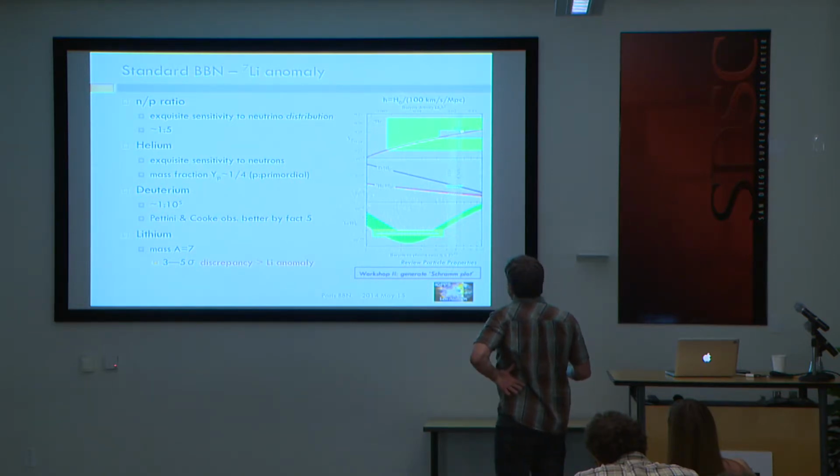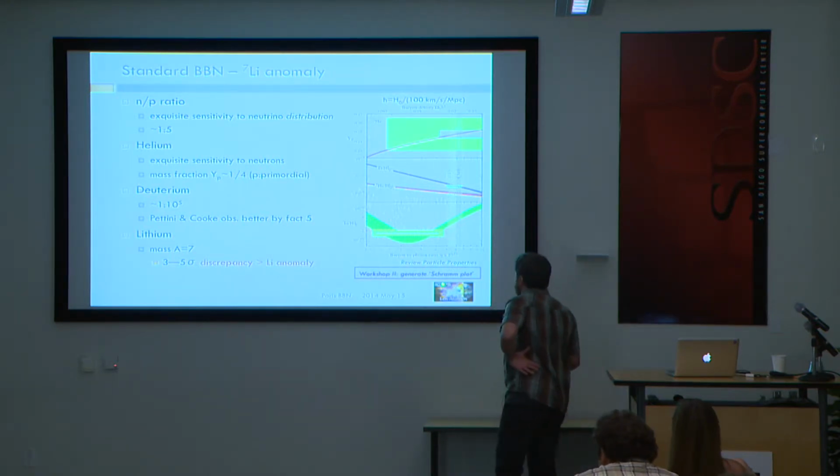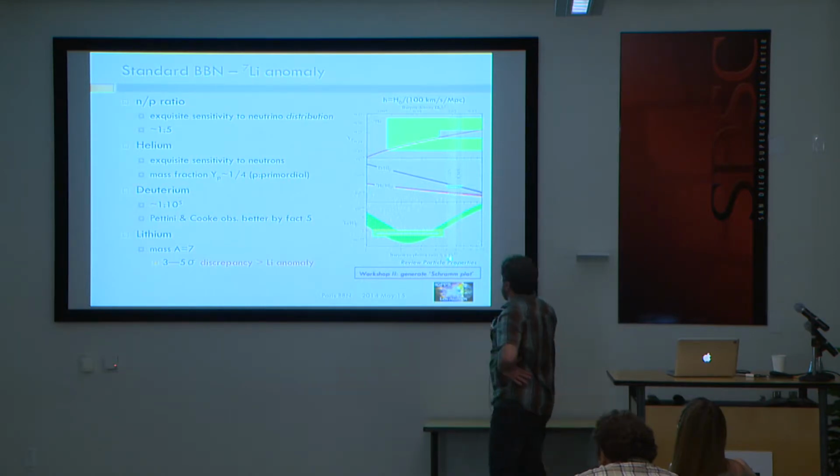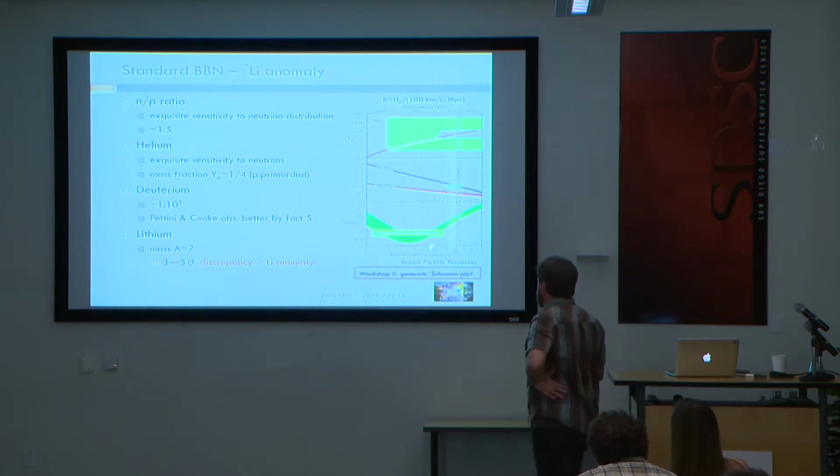The curve is the prediction as a function of baryon to photon ratio, times 10 to the 10. So this is a really tiny number, 1 part in 20 billion roughly, baryons to photons.